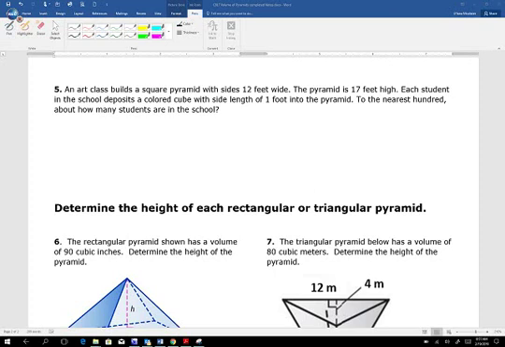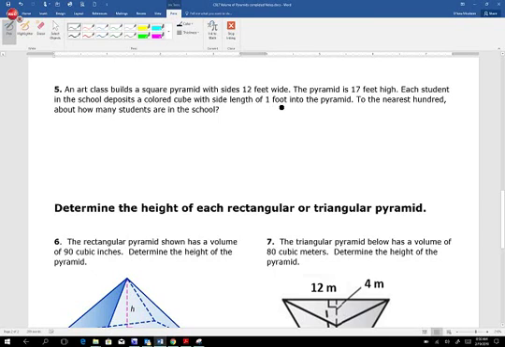Are there any volunteers that would like to work number 5 as well? Number 5 does have a tricky piece of information in it because they tell you that each student deposits a colored cube with a side length of 1 foot into each pyramid.